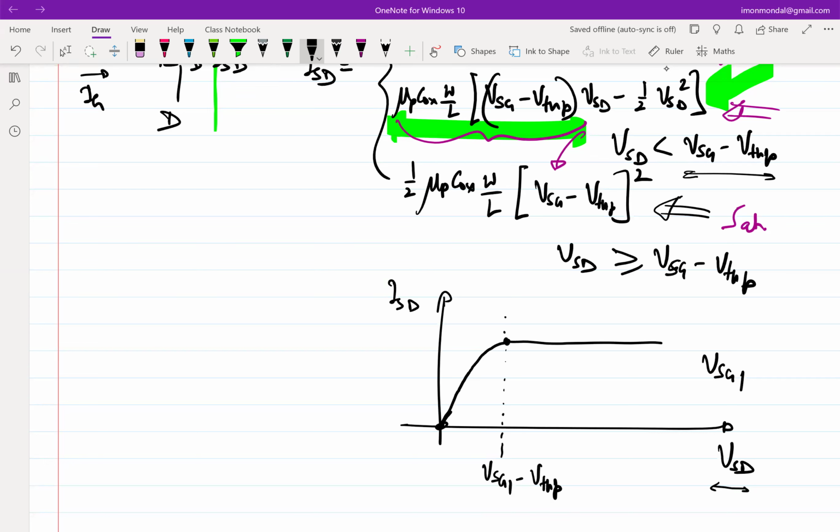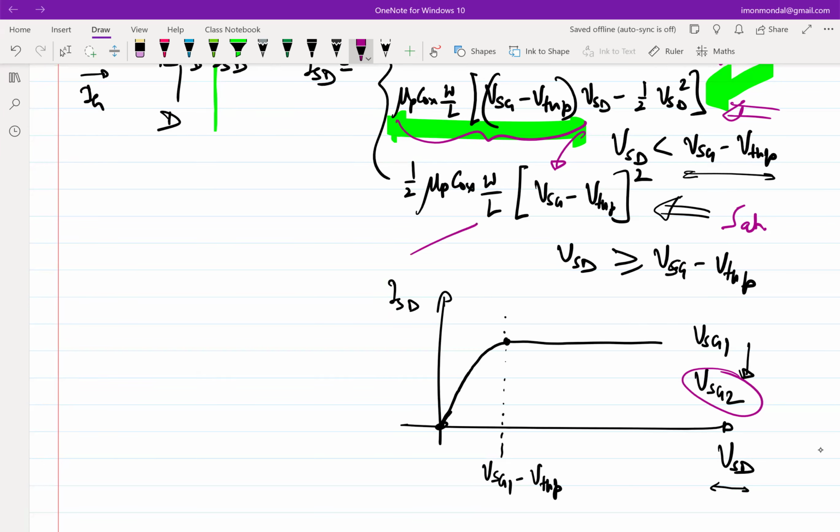So this is for one value of VSG. Let's say I decrease the value of VSG to VSG2. Then again a similar curve will come into picture, but everything will change slightly, because now we are lowering the value of VSG.